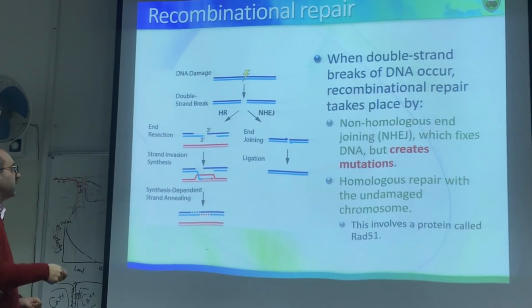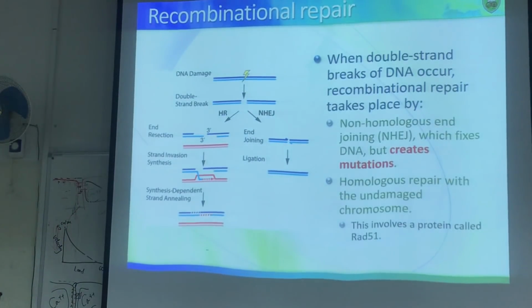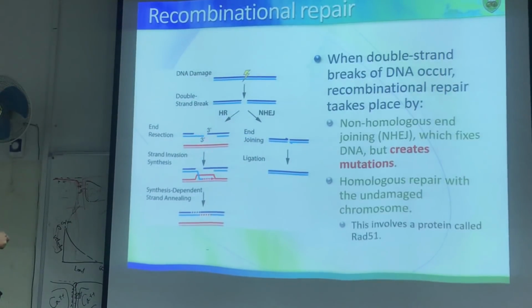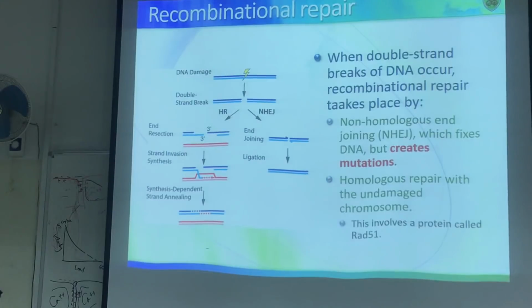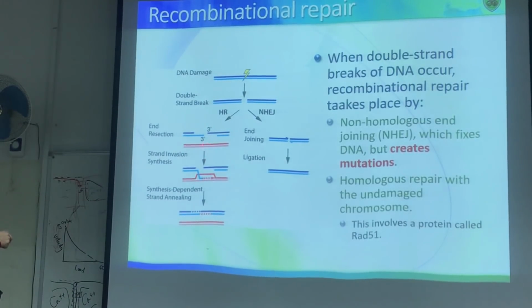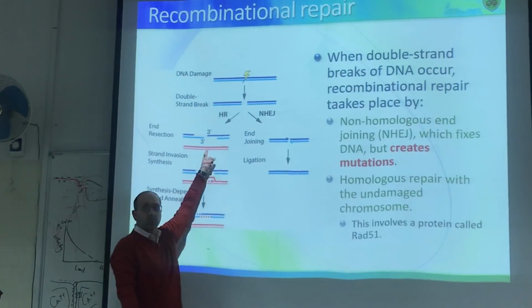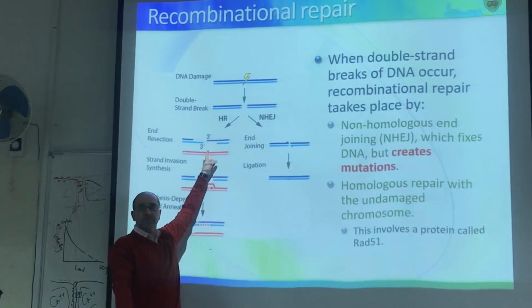The other one is known as the homologous repair system, whereby the missing gaps are filled in by the opposite strand. And then the strand that is taken from this and placed there can be filled in, because you have a strand that is normal. Okay, both of them here are normal.